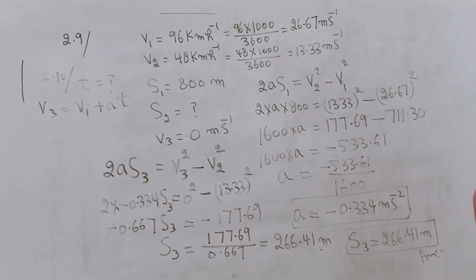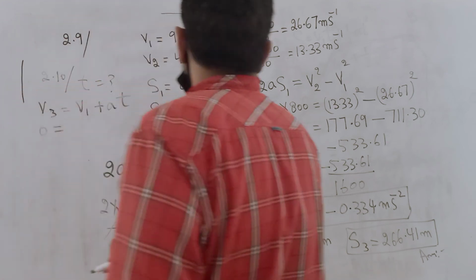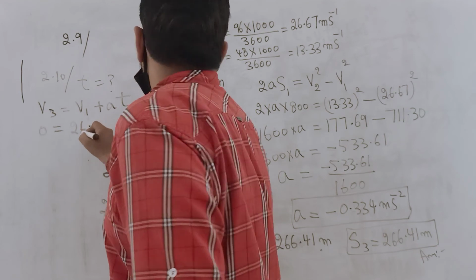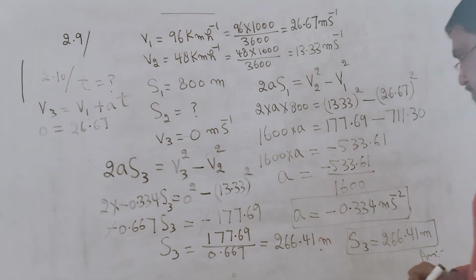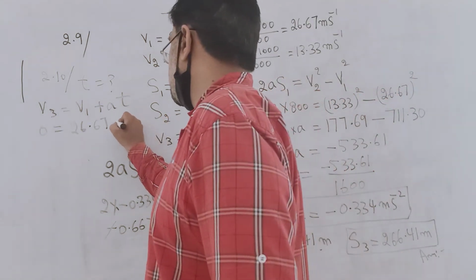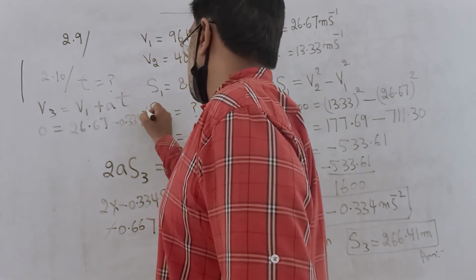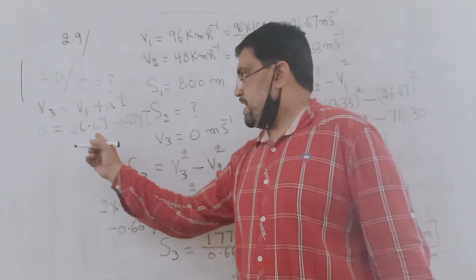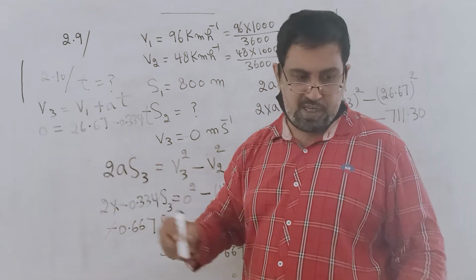Putting values, 0 is equal to V1, which is 26.67, plus a, which is minus 0.334, into T. When we bring 26.67 from the right hand side to the left hand side, its sign will be changed.